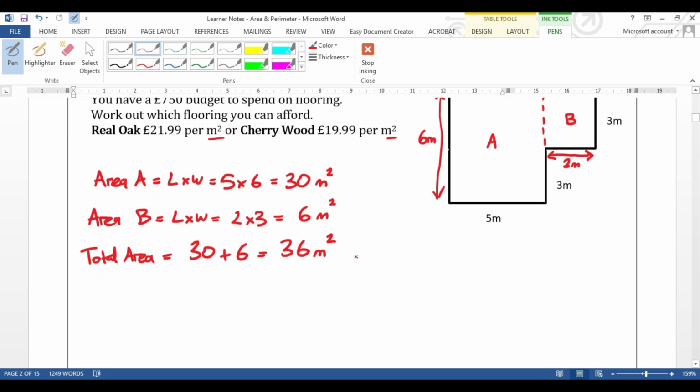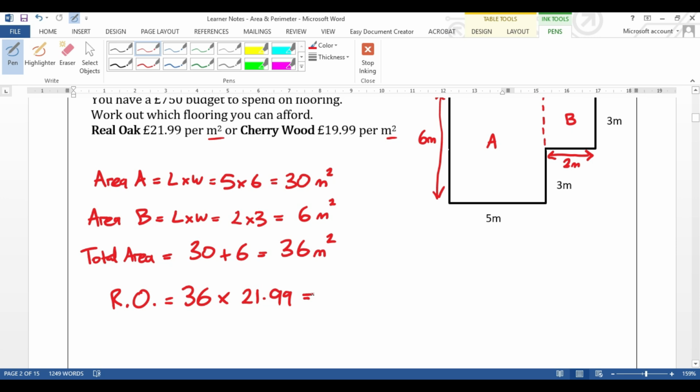And now we can work out how much flooring we can afford. So they said real oak cost £21.99 per meter squared. So for every meter squared of flooring, it's going to cost £21.99. Well, we've got 36 meters squared, so real oak is going to cost 36 times £21.99.